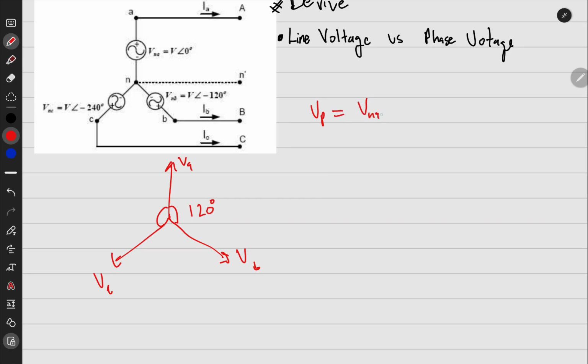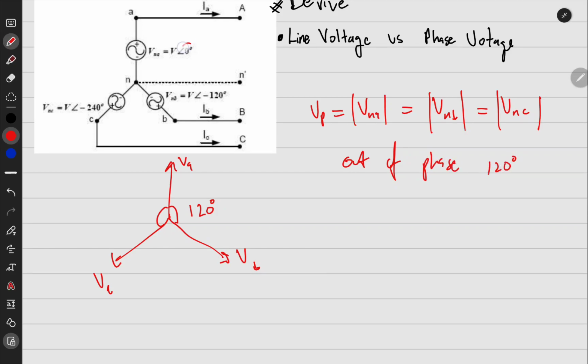I'm talking about VNA is the same as VNB, which is the same as VNC. They all have the same magnitude, but they are all out of phase with an angle of 120 degrees. You can see here they're all out of phase.